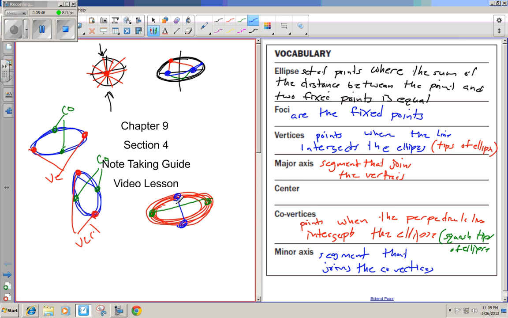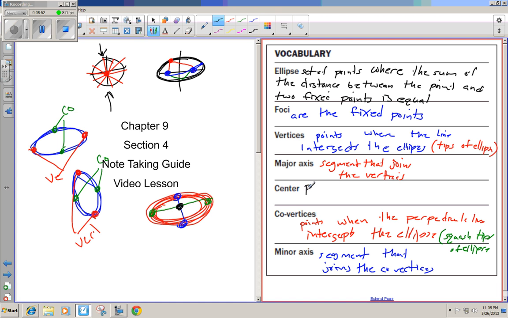The center point is right here. You could say the point where the major and minor meet.